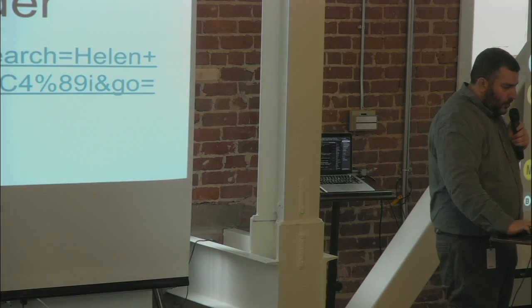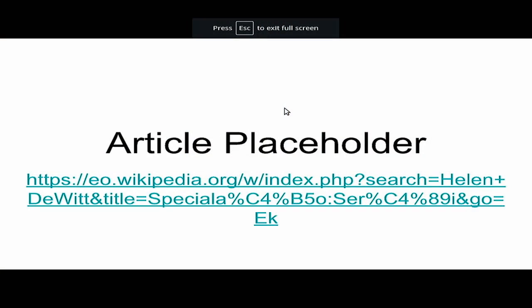Okay. So here's another quick thing to demonstrate before we go to queries, and that is the article placeholder. The article placeholder is a feature that is being tested on the Esperanto Wikipedia and maybe another wiki, I don't remember.